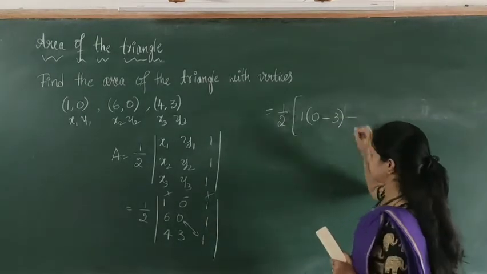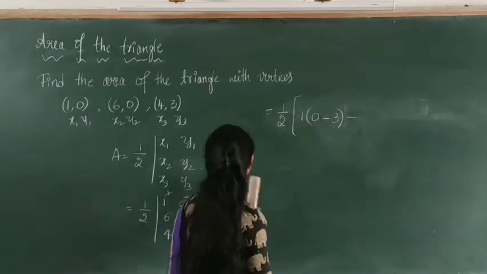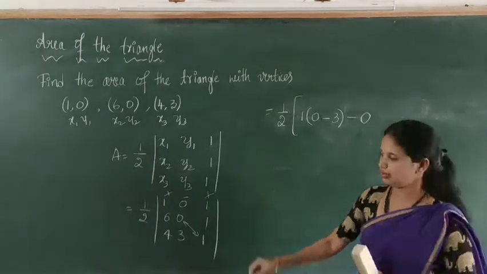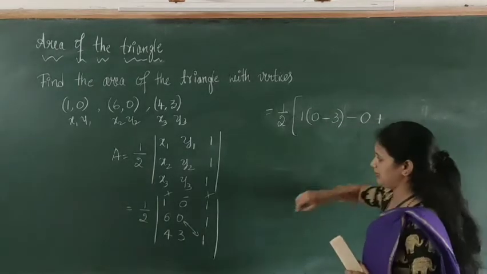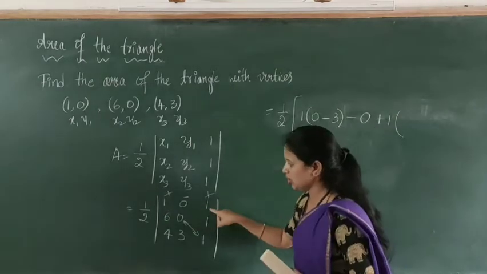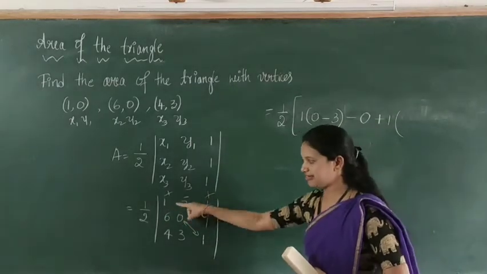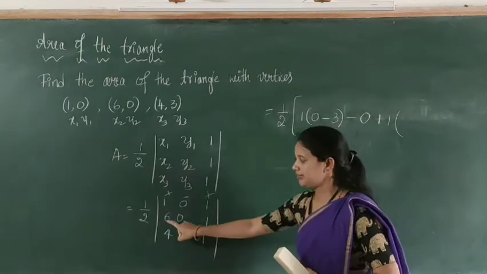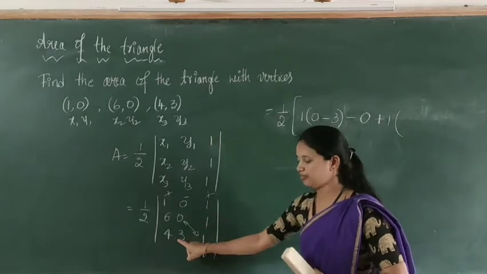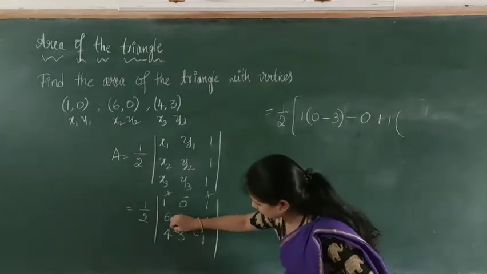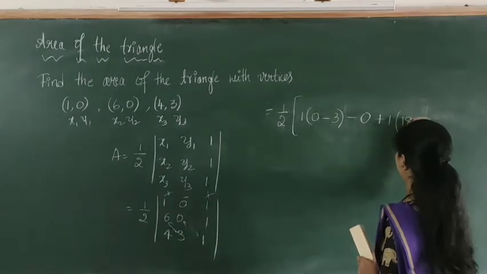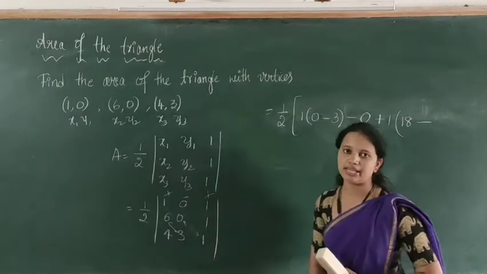The middle sign is minus, and the second element is 0. 0 into anything is 0. Next consider the third element, which is 1, in first row, third column. Delete the first row and third column, then the remaining elements are 6, 0, 4, 3. Take the determinant of these four elements, cross multiply the diagonals: 6 threes are 18 minus 4 into 0.